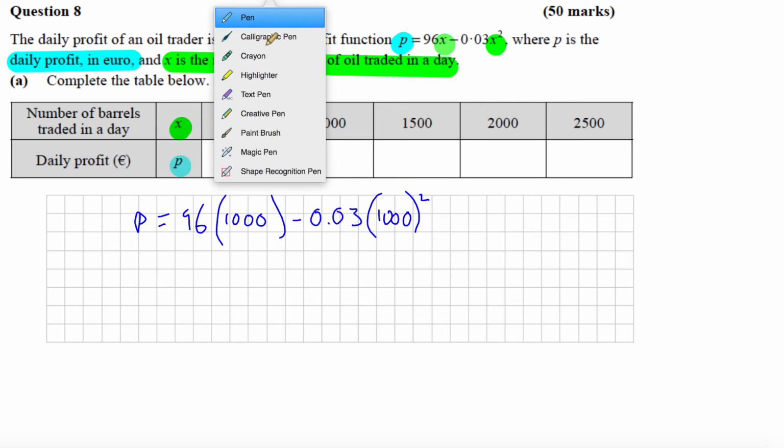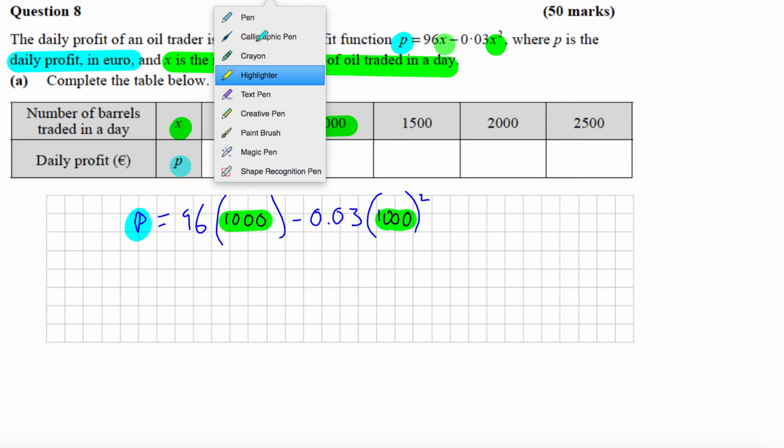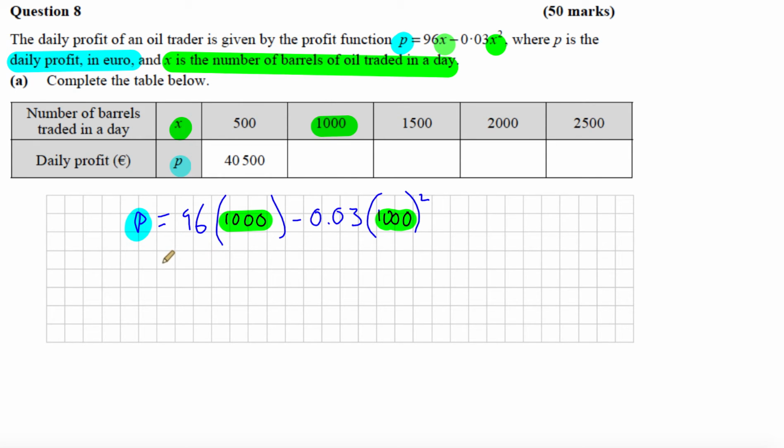So you can see there what I've done is I'm just taking this 1000 value and putting it in there in the place of the X, and that's going to give me the P value that I want to put in here. Okay. So when I do that and I put all of this into my calculator, the value I get is 66,000.